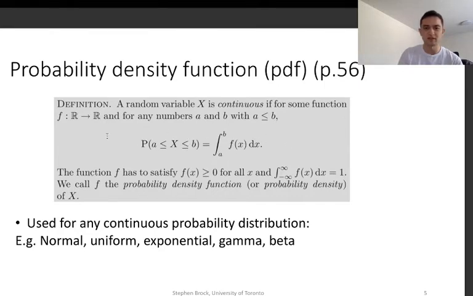We're going to talk about this more later, but essentially this tells us that the probability that x is between a and b is equal to the area under the curve f of x from a to b.